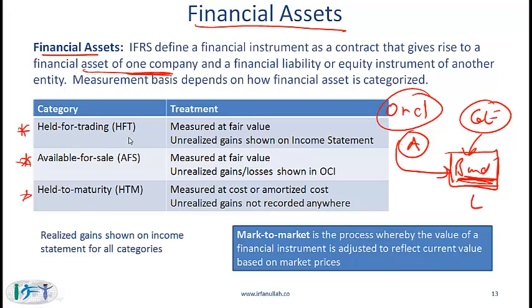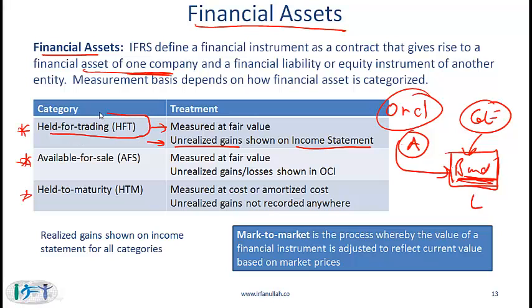If this instrument is classified as held for trading, then on the balance sheet it should be shown at fair value. Obviously, this is the fair value on reporting date. And if the bond value has changed since purchase and the bond has not been sold, that means we have unrealized gains or losses. These unrealized gains or losses must be shown on the income statement.